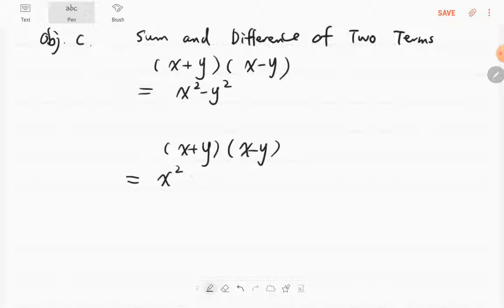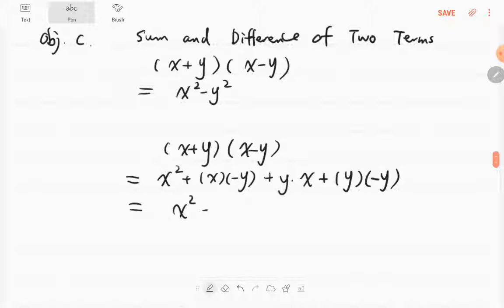And the inner part will be y times x, plus y times x. And the last term will be positive y times negative y.